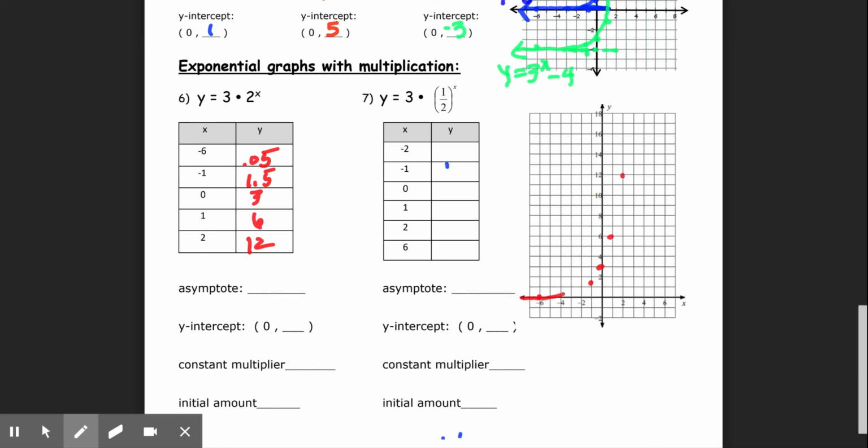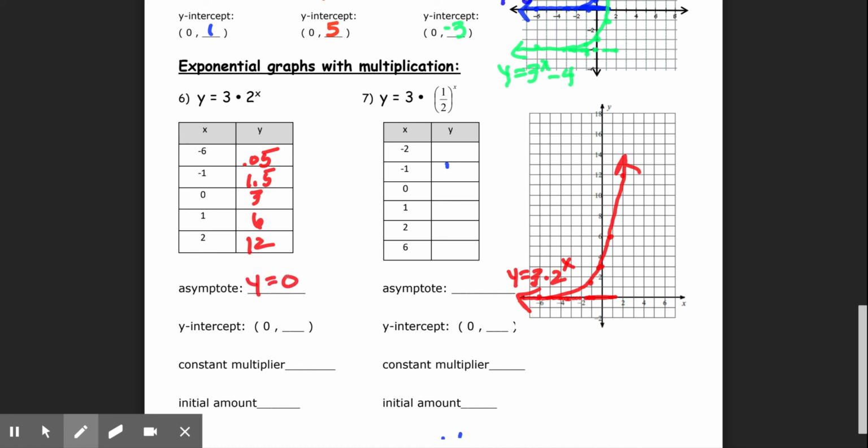All right, so here we go. Not bad. Okay, so this one is y equals 3 times 2 raised to the x power. So the asymptote: if we take where it is on its flattest part, and draw a line back through the y-axis, it goes through the y-axis at 0.